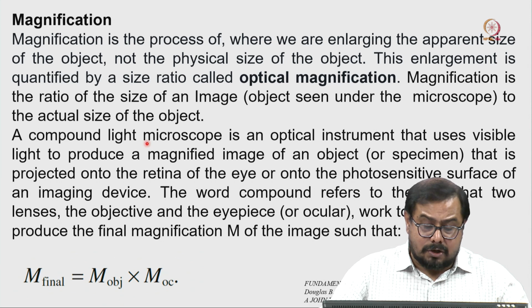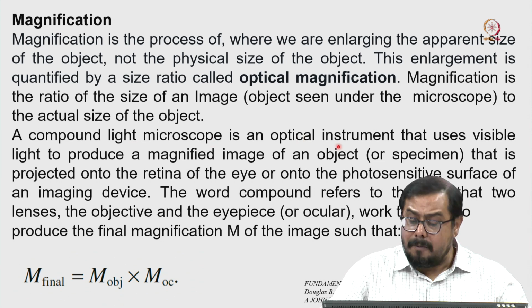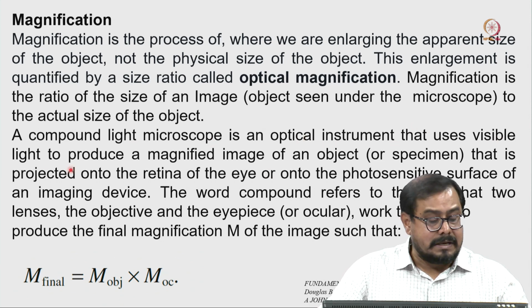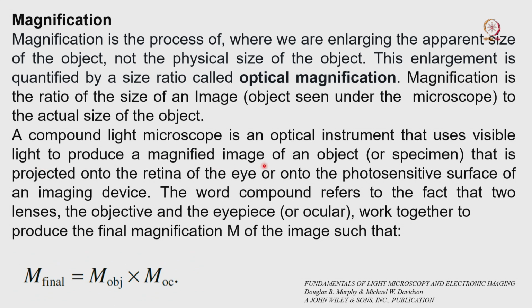Now a compound light microscope is an optical instrument that uses visible light to produce a magnified image of an object or specimen that is projected onto the retina of the eye or onto the photosensitive surface of an imaging device. The word compound refers to the fact that two lenses, the objective and the eyepiece or ocular lens, work together to produce the final magnification of that image.